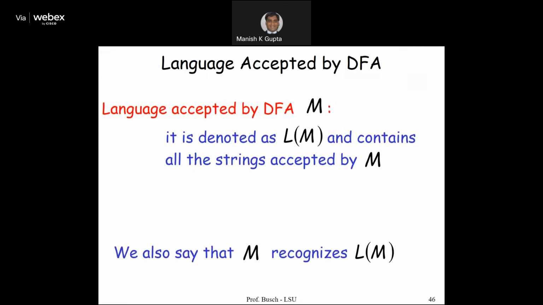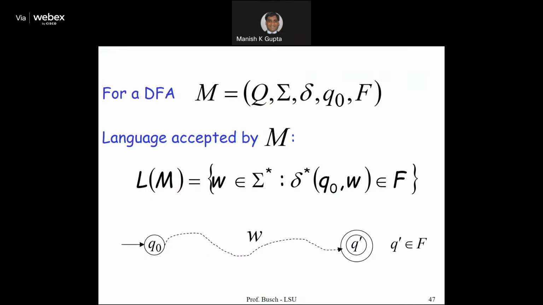Now we can describe formally the language accepted by a DFA M. It is denoted by L of M, the language accepted by M, and contains all the strings accepted by M. Then we say that M recognizes L. For a DFA, we can describe mathematically: the language is all those strings in the universe which, starting from q naught with a delta star transition and after scanning w, end up in one of the final states.